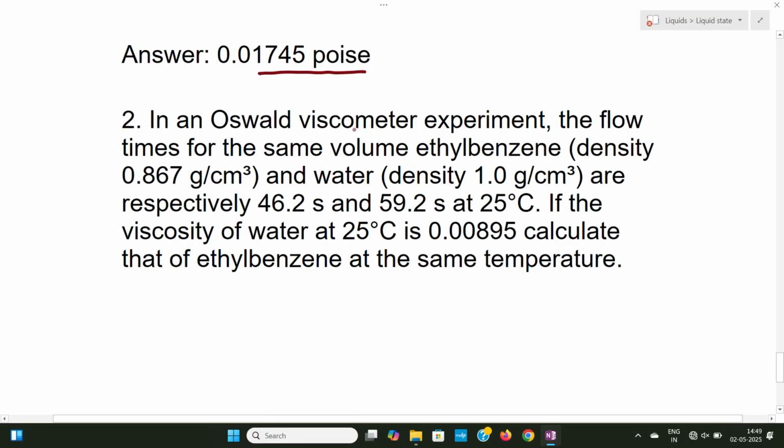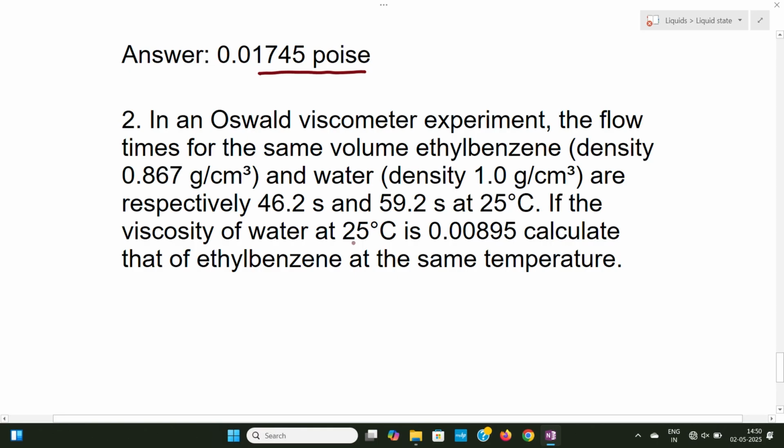Okay, I hope you understood this problem. Let us move on to the next problem. That is, in an Oswald viscometer experiment, the flow times for the same volume of ethyl benzene, density 0.867 gram per centimeter cube, and water, density 1.0 gram per centimeter cube, are respectively 46.2 seconds and 59.2 seconds at 25 degrees Celsius.